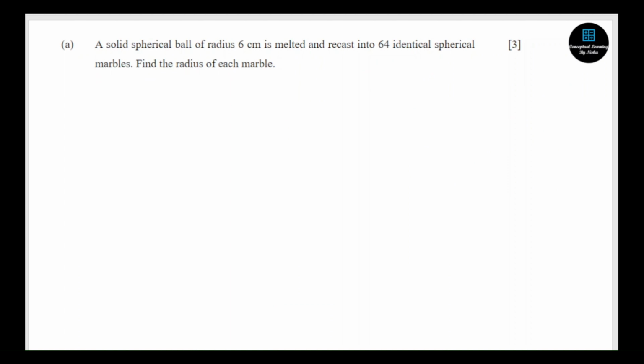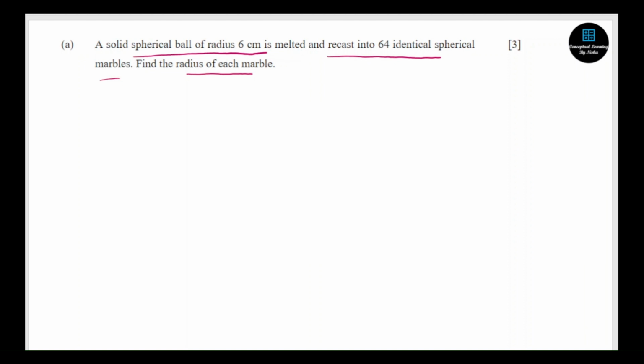So a solid spherical ball of radius 6 centimeter. Ball means, remember, which shape? Sphere. And that is recasted into identical spherical marbles. Again it is a sphere only. So you have to find the radius of each marble. Alright. So what we have learned so far?